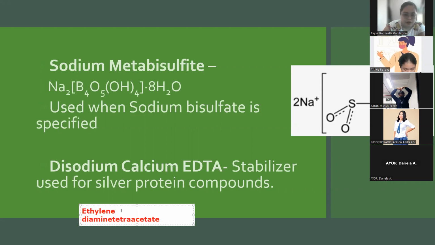That's the meaning of EDTA. Aside from being used as a stabilizer for silver protein compounds, we have silver preparations in the market that it stabilizes. EDTA is actually used as a chelating agent.